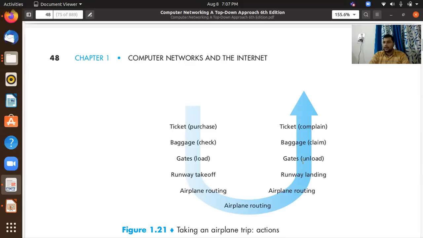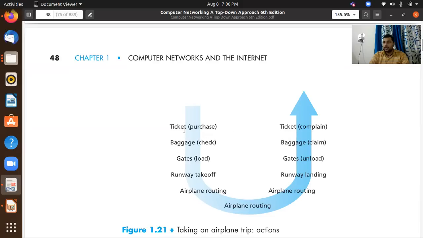Then the person will approach the gate, the reverse operation will happen, then he will claim the baggage. And finally, if he has some grievance or complaint, he will once again approach those people and register his or her complaint. So here it's a sort of peer-to-peer communication.